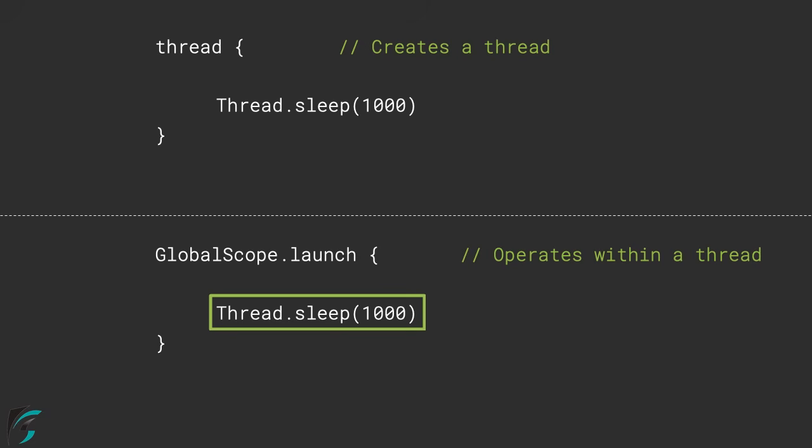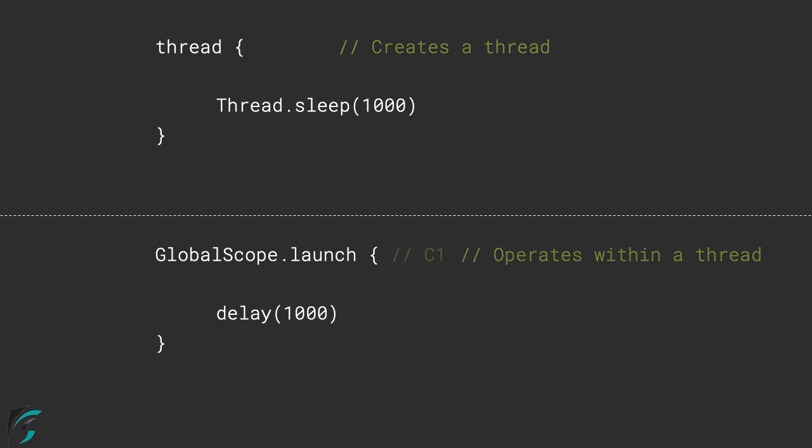So what is the solution to this? Instead of this Thread.sleep, you can use the delay function, which again takes time in milliseconds. This delay, when executed, does not block the thread on which it is operating. Let me elaborate and show you how the delay function is more efficient than the Thread.sleep function.